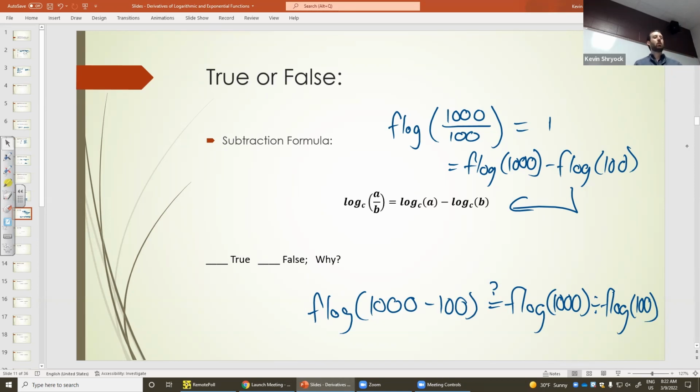Logarithm of, well, what's 1,000 minus 100? 900. It's going to have magnitude that is close to 3, right? Because it's close to 1,000 that has magnitude 3. Is that the same thing as dividing the number of zeros in each one? Nowhere close. Complete butchering of the storyline, right?